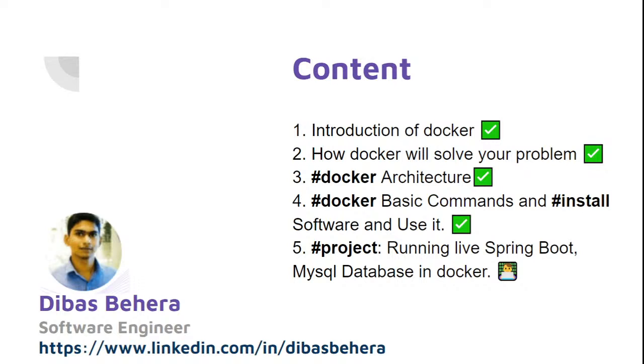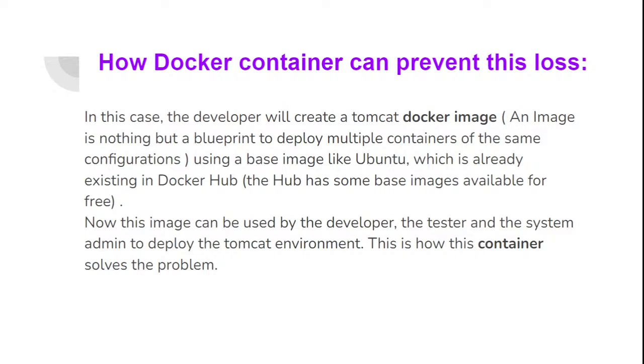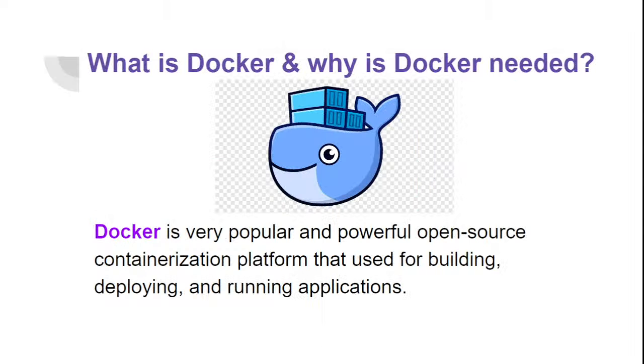Let's go through the slides that we have discussed: why we need Docker, how Docker containers can prevent this loss. Then we discussed virtual machines and how Docker helps us save memory. And what is Docker?